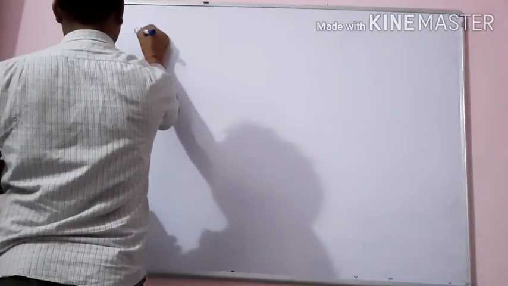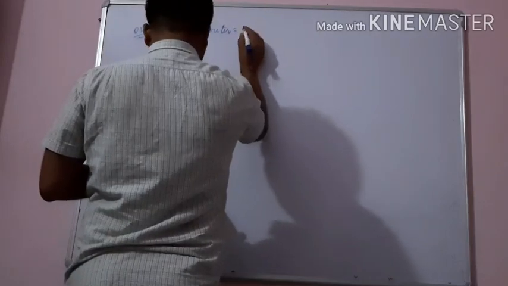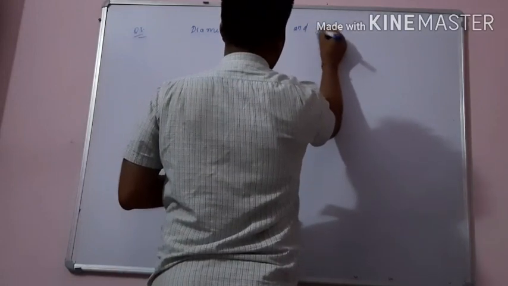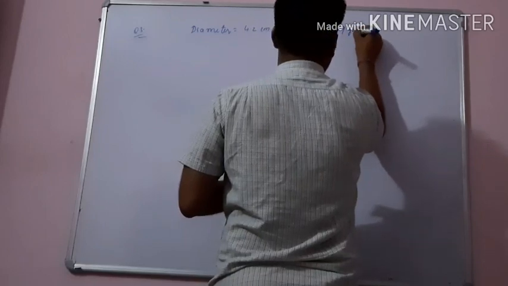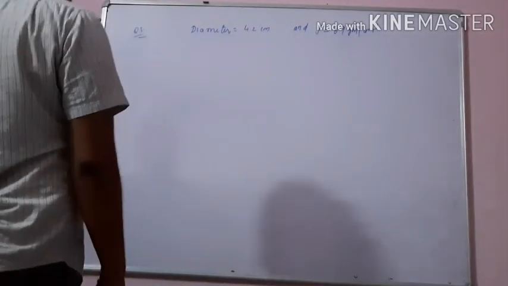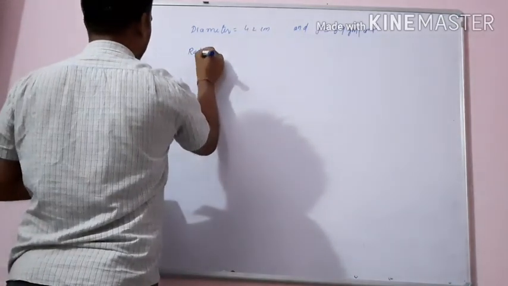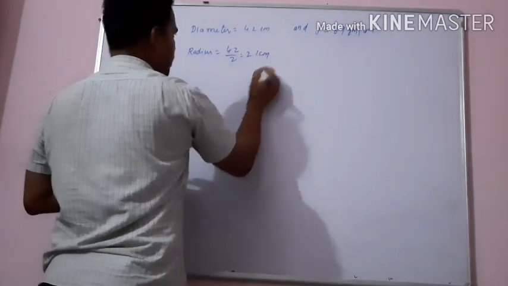Here diameter is 4.2 centimeter and density is 8.9 gram per centimeter cube. Now since it is the diameter, the radius will be 4.2 upon 2, that is 2.1 centimeter.